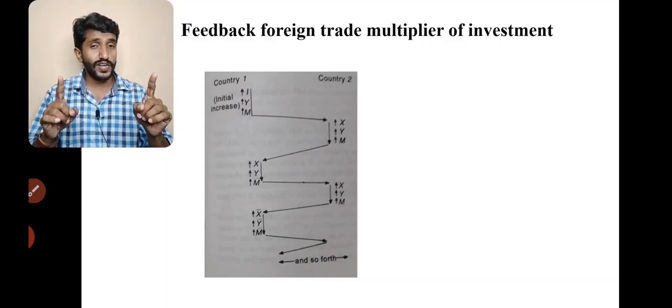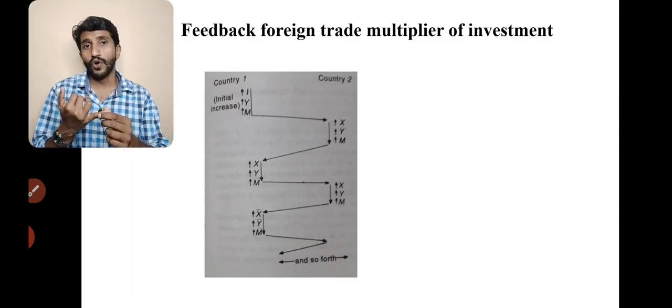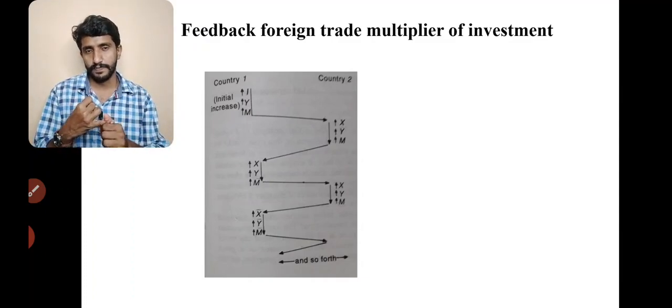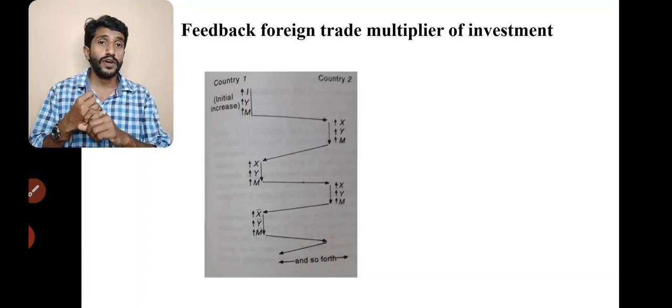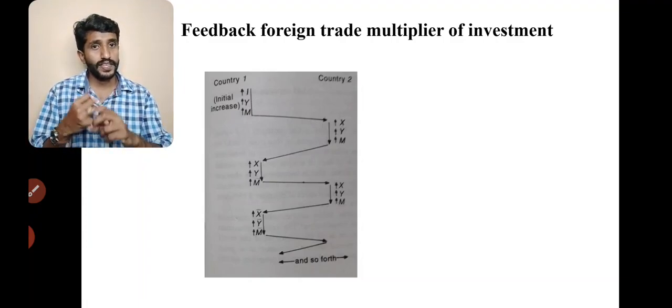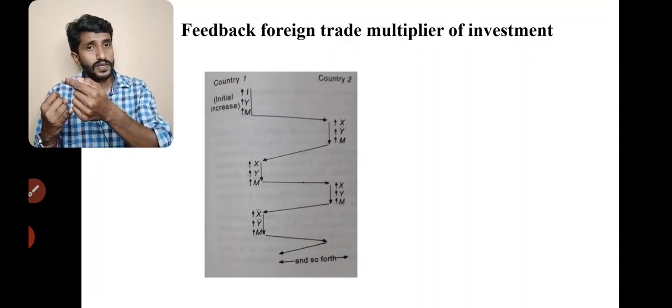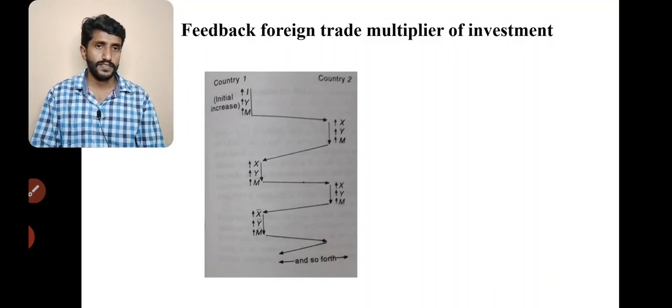But here you should understand that the first change is occurring through changes in investment, not through the exports. Before, we said the changes were occurring through the exports, with repercussions both positive and negative, but here only positive changes.